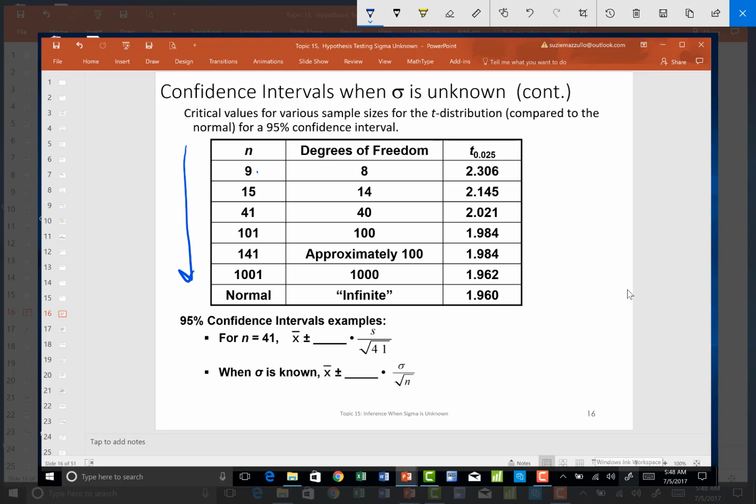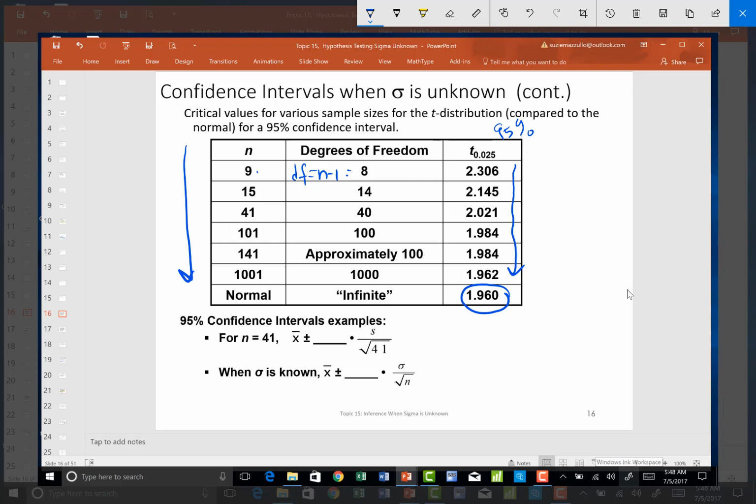And of course, these are the degrees of freedom that go with it. 9 minus 1 is 8, 15 minus 1 is 14, and so forth. We can look at the 95% confidence interval critical values and look what's happening to them. They get smaller and smaller as my sample size increases until they converge to what it is for the normal distribution.